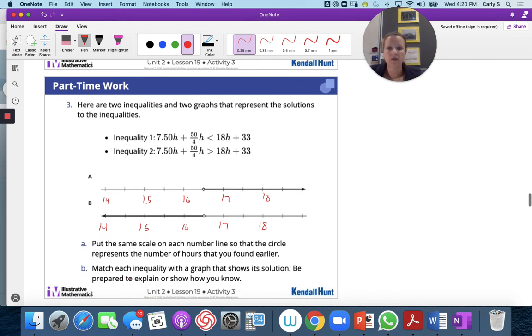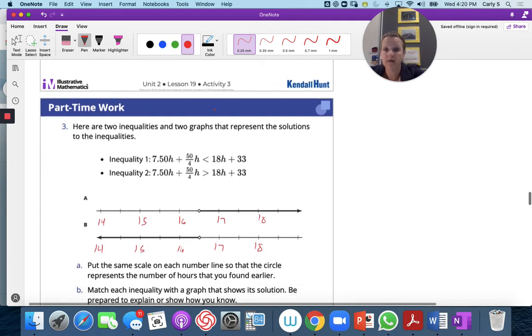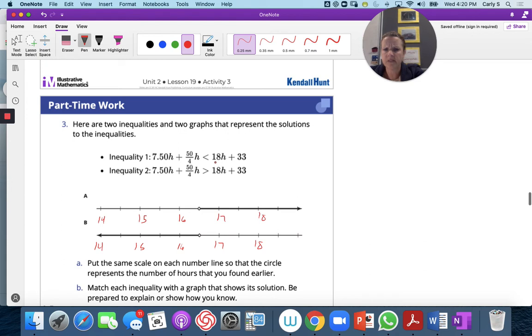Match each inequality with a graph that shows the solution. Now we said when we picked numbers smaller than, which one did we do? So numbers less than, we got the hotel. And this is the hotel. So when we tested numbers smaller than, we got the hotel.